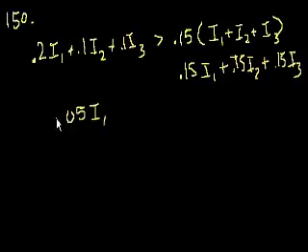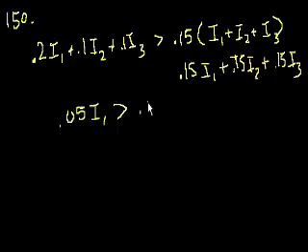And I want to keep everything positive, so I'm going to subtract 0.1 I2 from both sides. So that's going to be greater than 0.15 I2 minus 0.1 I2.